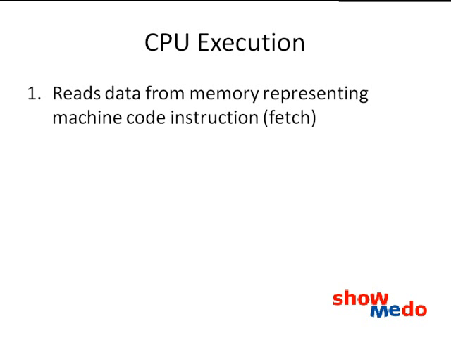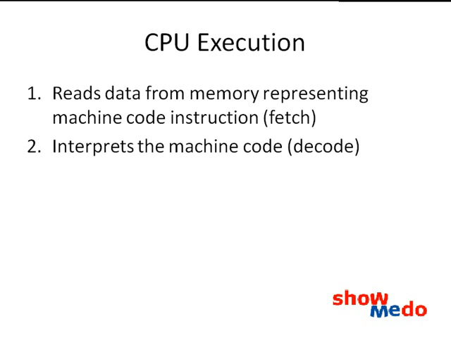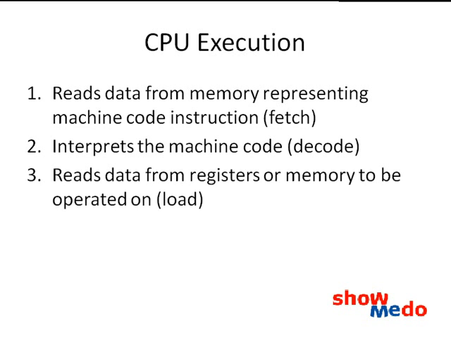First, the CPU needs to actually retrieve the machine code from RAM. Then it needs to figure out what instruction is represented by the machine code. This includes determining what operation is to be done, and what data, known as operands, the operation will be done on. Once it knows what data are needed, the CPU has to get them from RAM, or from what are called registers, something I'll explain in a moment.